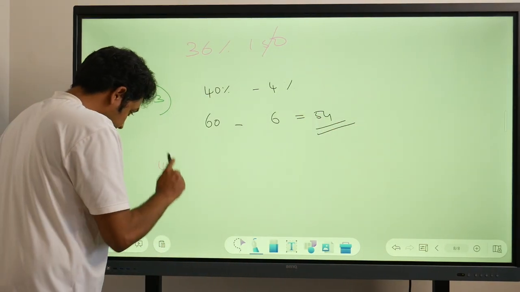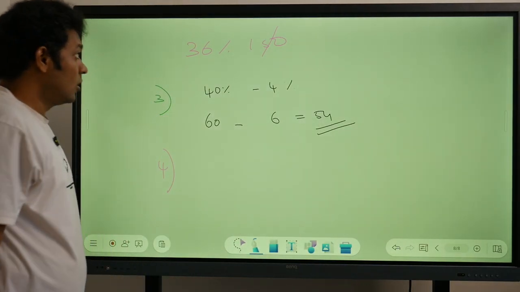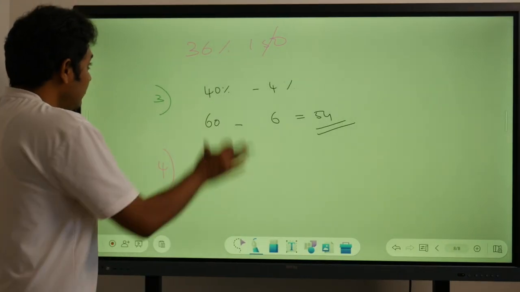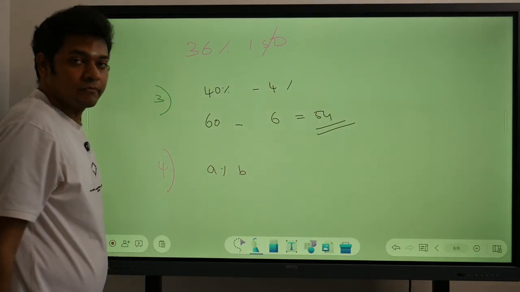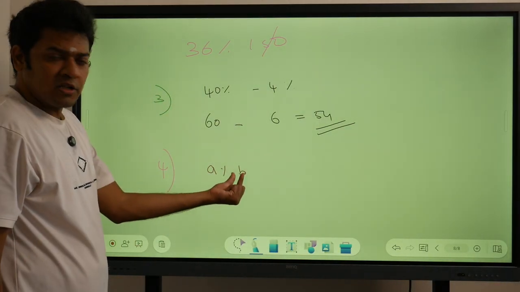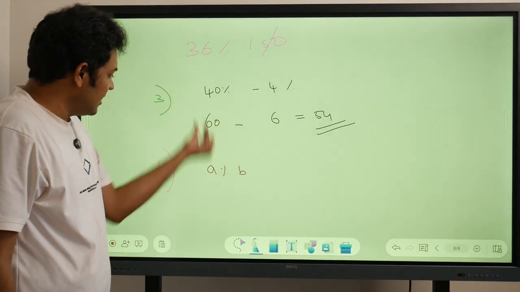Method 4. Whenever you have some percentage of some number, consider A percent of B. A percent of B is A by 100 into B, where A and B are some numbers. Here A is 36, B is 150.